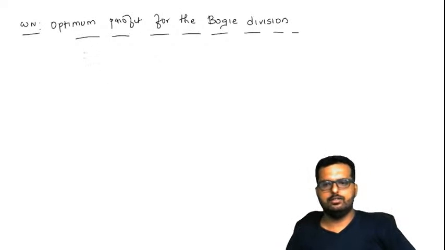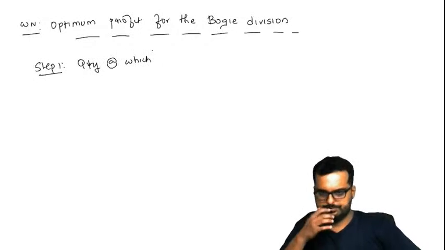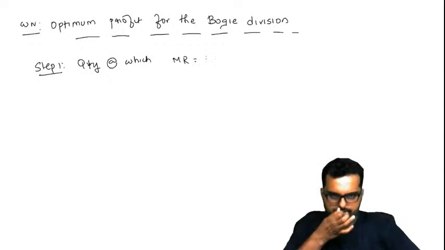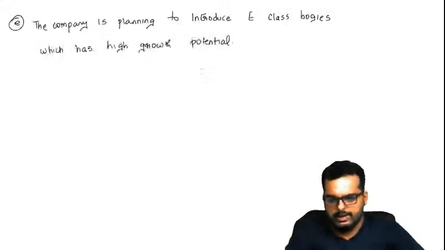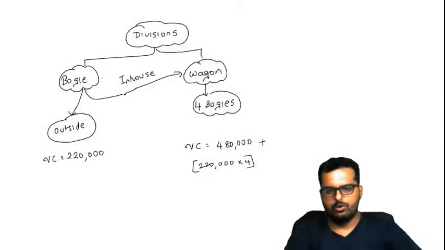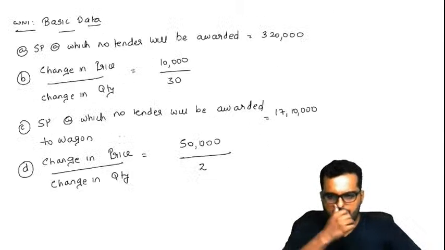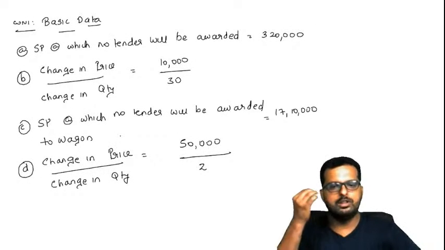Inside this, we will again go by two steps. Step number 1, quantity at which MR is equal to MC. Let me check the marginal cost for bogie: 2,20,000. Here we got A as 3,20,000, and B as 10,000 by 30.